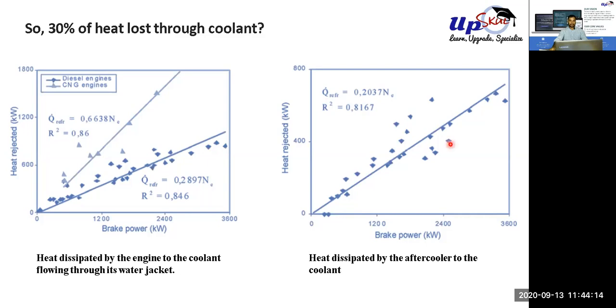But as you can see, this adds another 15%. So if this is one diesel engine, which is a turbocharged engine, then it will lose around 40% of heat through coolant. So using this benchmark data, we can make a fairly good assumption of what kind of heat rejection we are looking at.